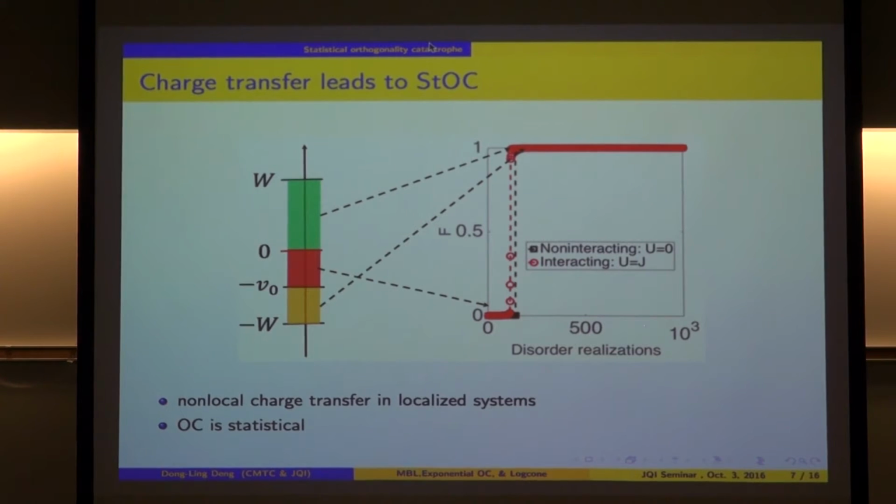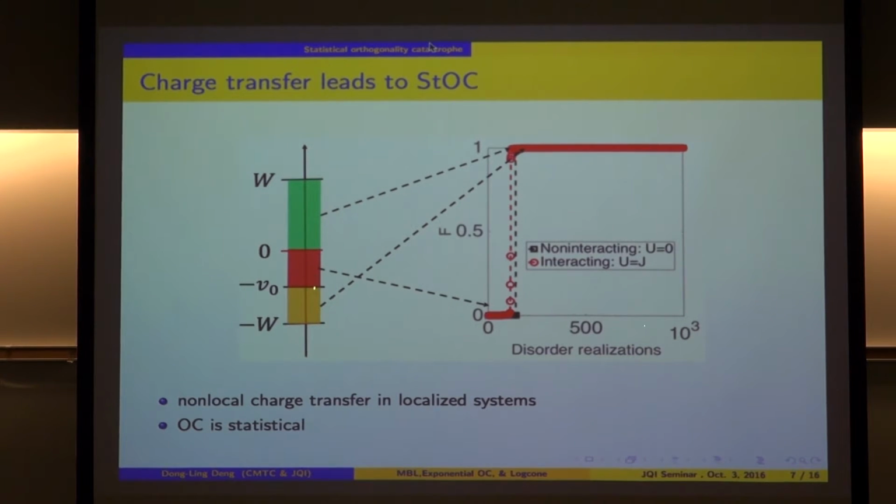There is another case in which there will also be no charge transfer. That is, if the onsite potential at site 0 is so small that even after we add this perturbation, the onsite potential at site 0 is still smaller than 0. That means there will still be a particle occupying site 0. In this case, there will also be no orthogonality catastrophe.